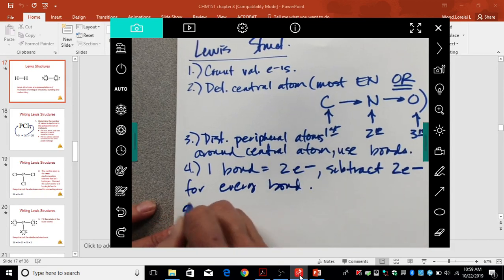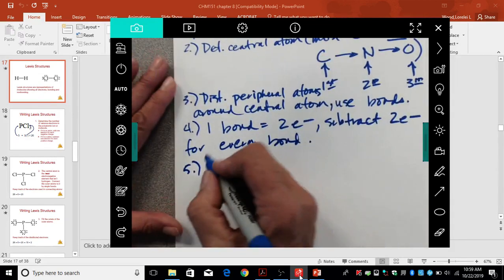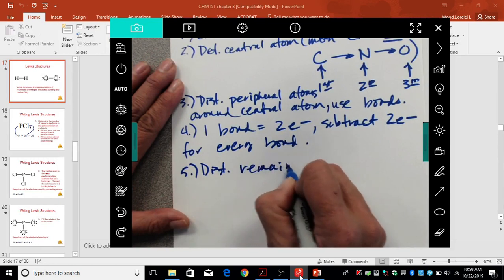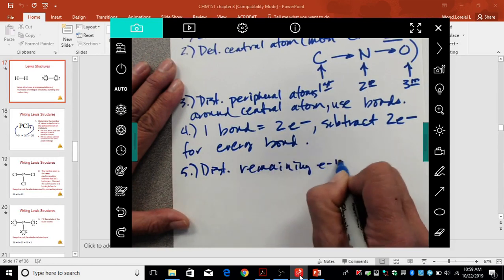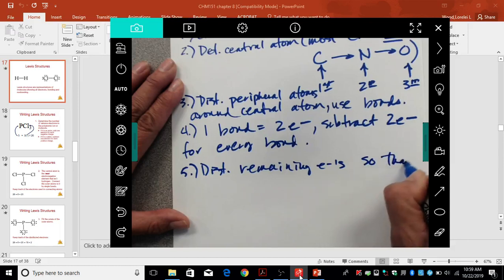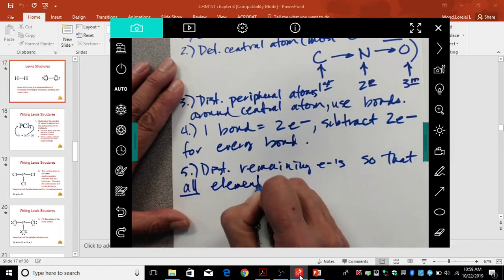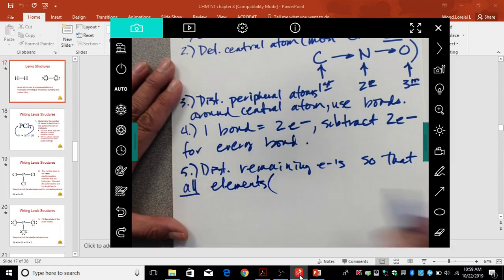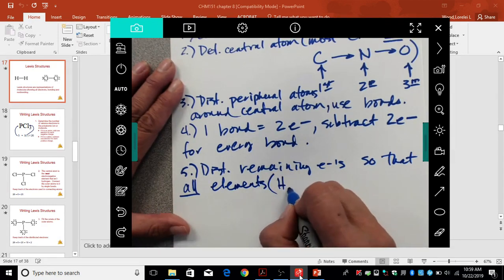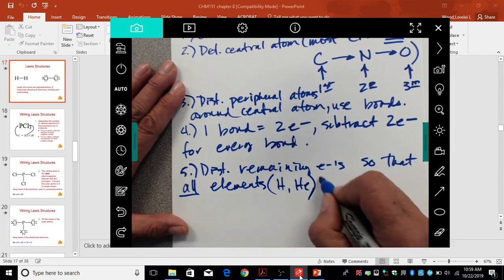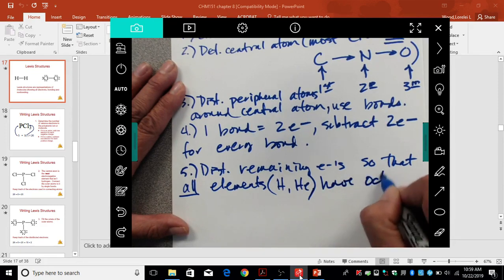And the last step, distribute remaining electrons so that all elements except hydrogen and helium have an octet.